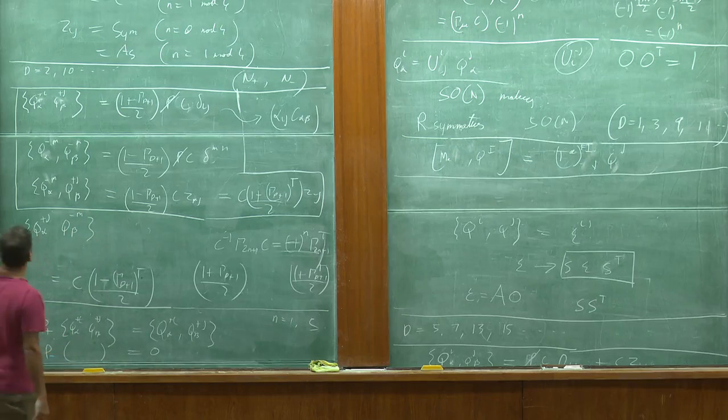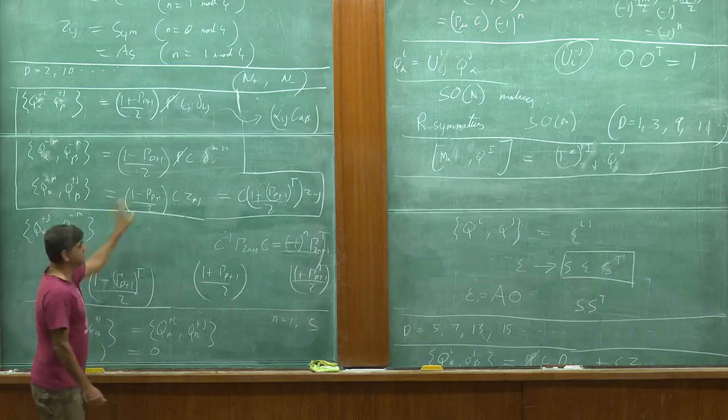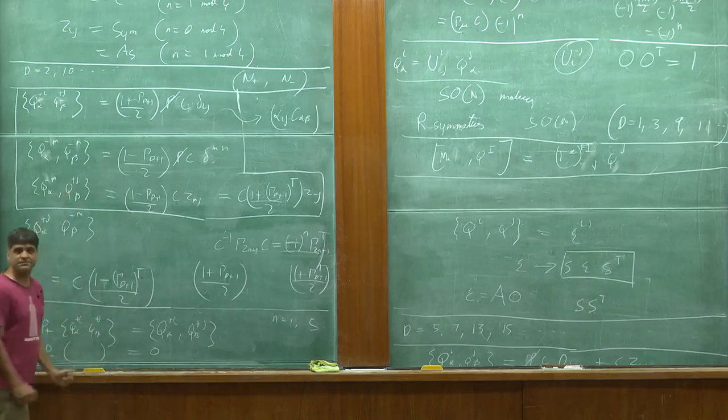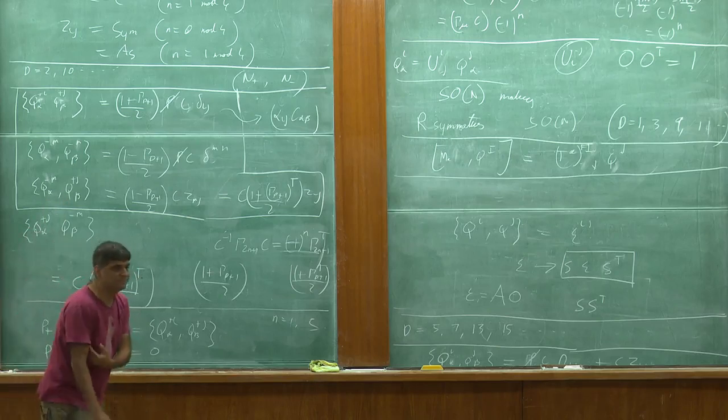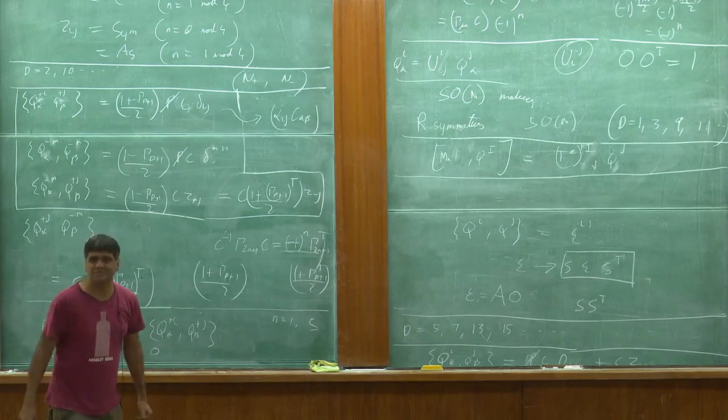First, it's clear that whatever we get here will just be the transpose of this, because it is just interchanging alpha and beta, keeping minus and plus in the left and right. It doesn't matter, it's an anti-commutator. AB plus BA is the same as BA plus AB.